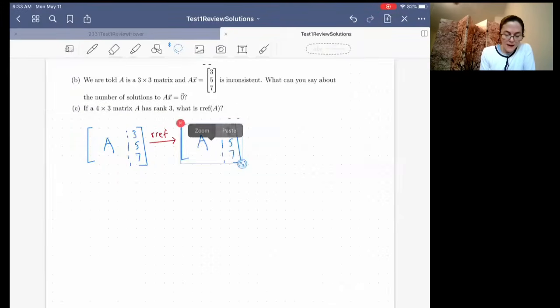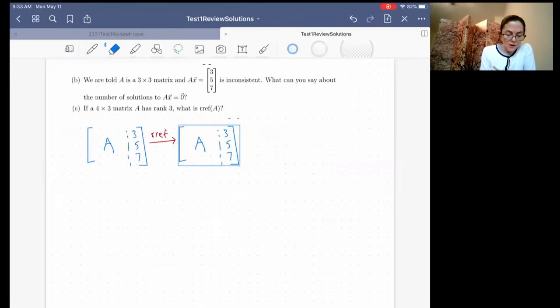And now what do we have? Well, it's no longer A, and I don't know what's happening over here, but this is going to be some matrix. I don't know anything about here. This could be anything, really. And similarly here, this could be anything, no problem.